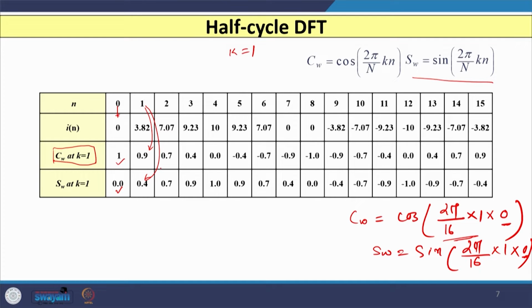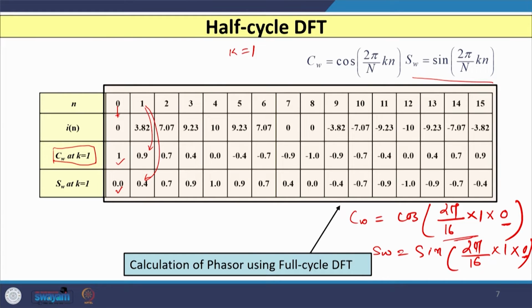Once you have the values of both Cw and Sw for k equal to 1, that is the fundamental component, then if I use the entire 16 samples in one particular cycle, that is nothing but the calculation of the phasor value, in this case the fundamental phasor, using full cycle DFT. However, as we have discussed, in the half cycle DFT algorithm we utilize only half of the samples compared to the full cycle DFT algorithm.